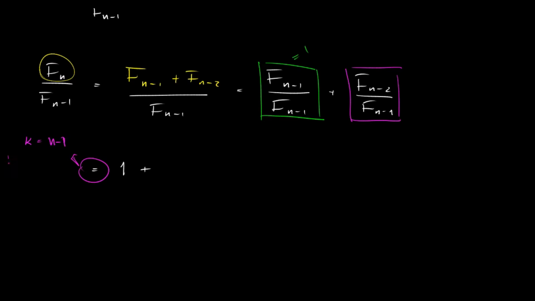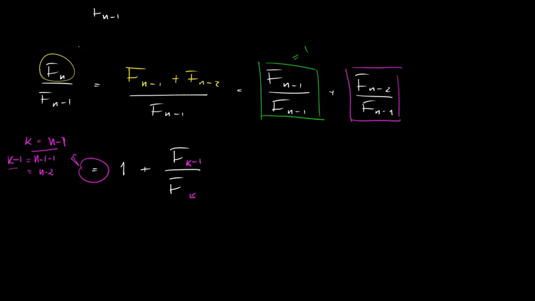So then k minus 1 will be equal to n minus 2. And so with this, what we get is f divided by f, and now the subindexes will be n minus 2, which we said was k minus 1, and fn minus 1, which we said was k.